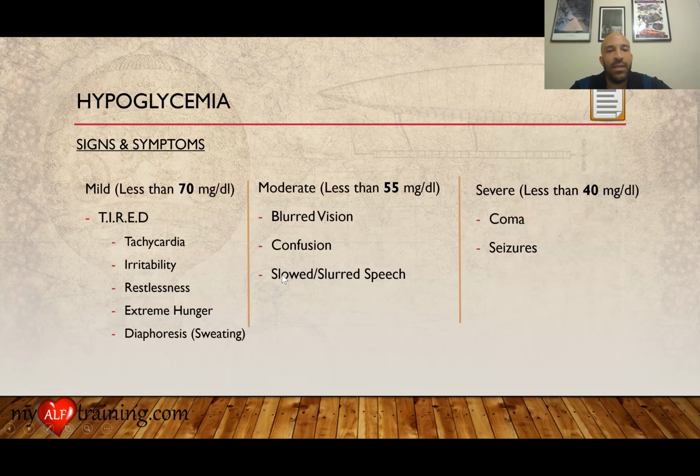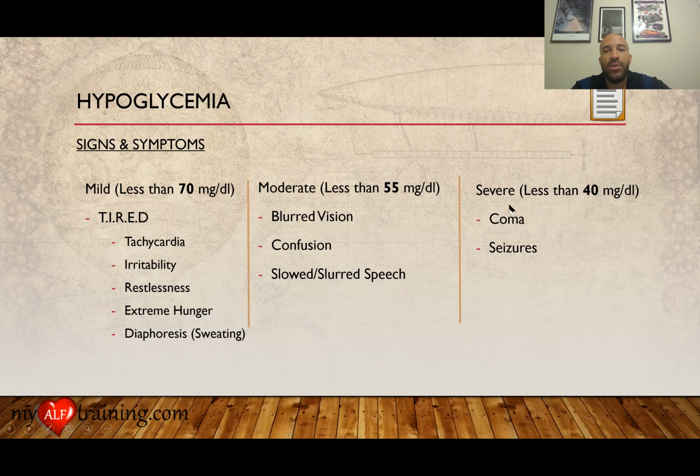So here I just get a little bit more specific with the numerical values of the hypoglycemia. For mild symptoms, we use the TIRED acronym, and that's pretty much what you need to know. If it's less than 70, they're hypoglycemic.